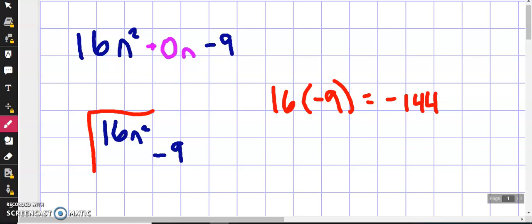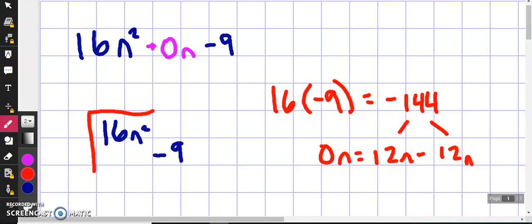And now, the first thing that comes to my head is that 144 is 12 times 12. And so, if I want to make a 0n, all I need to do is take 12n minus 12n. So I'm going to fill in my box.